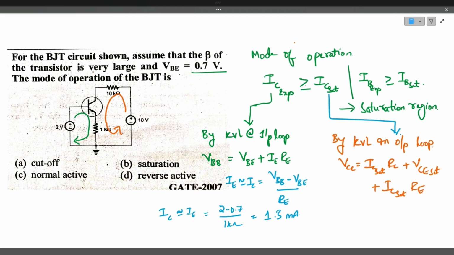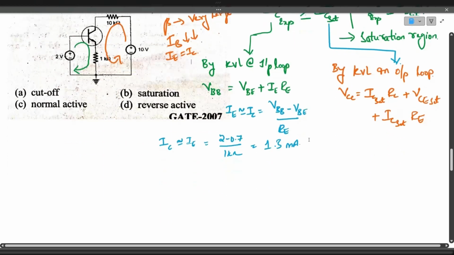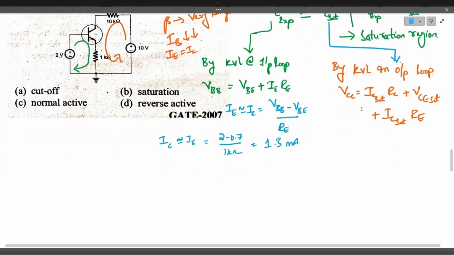Because he has given that beta is very large, whenever they give beta is very large, we have to assume that IB is very less. So the emitter current is approximately equal to the collector current. Now you substitute the values. VCC value is 10 volts. IC saturation is not known to us. The collector resistance is 10 kilo ohms. The emitter resistance is 1 kilo ohm.